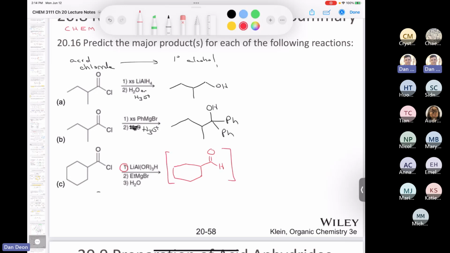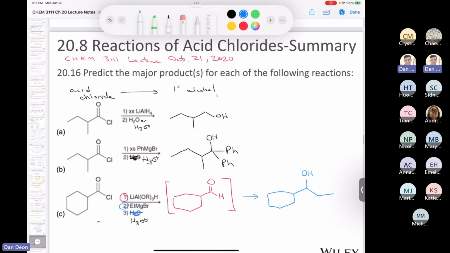Then we treat that with ethylmagnesium bromide, followed by aqueous acid. The ethyl group only adds once because it's on an aldehyde and we don't have a leaving group on there. So we end up with a secondary alcohol: this carbon, the ethyl group, and then our alcohol.